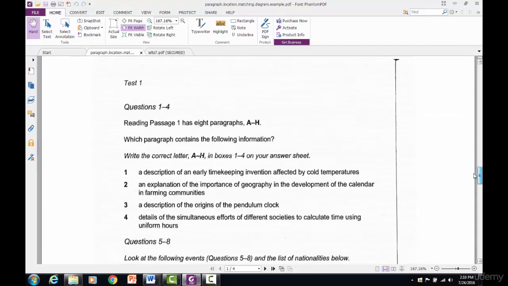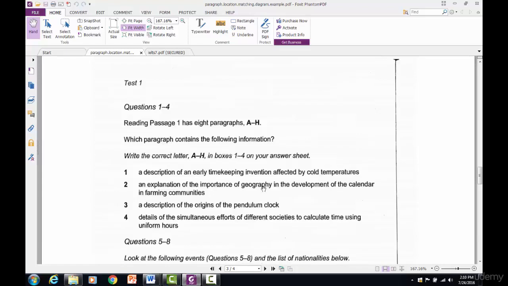Okay? All right, so that's the proper method for doing a paragraph location question. What we're doing there is circling our keywords in the question, then leaving the paragraph location question and doing the other questions in the set, and then coming back to it.